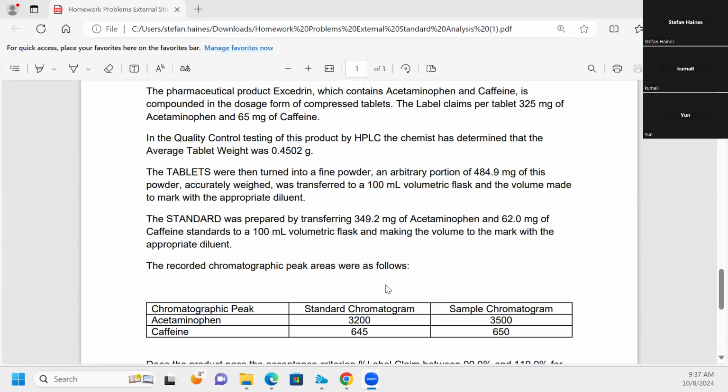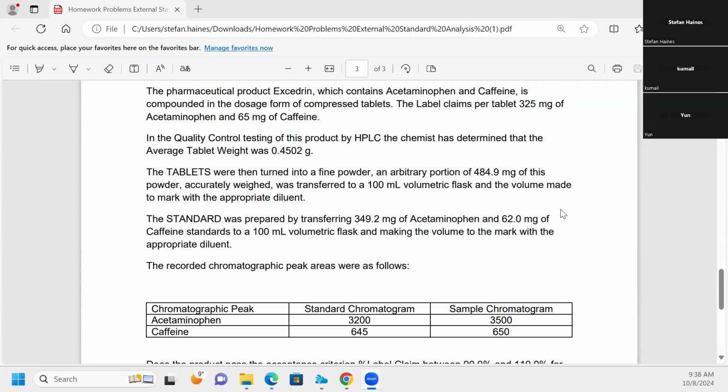The standard is 62 milligrams of caffeine in 100 mils. The concentration of the sample comes out to 0.624, or 806 milligrams per milliliter of the original sample.